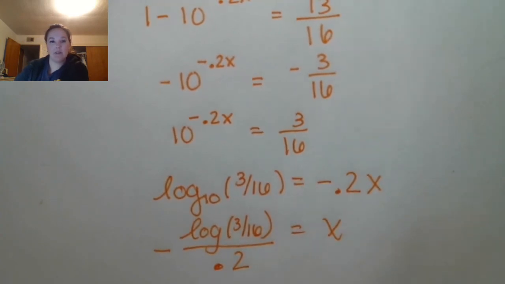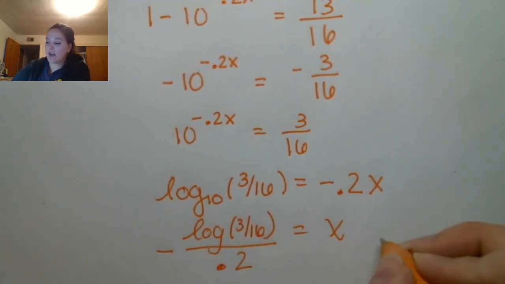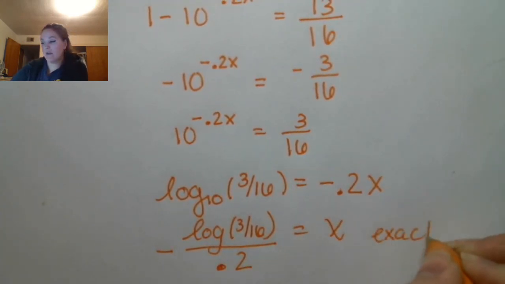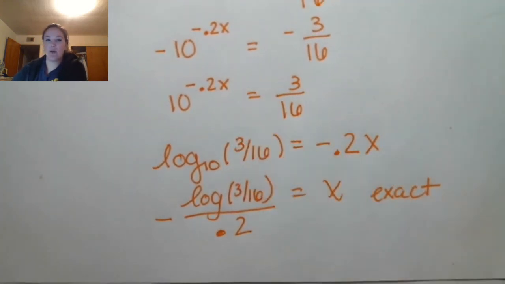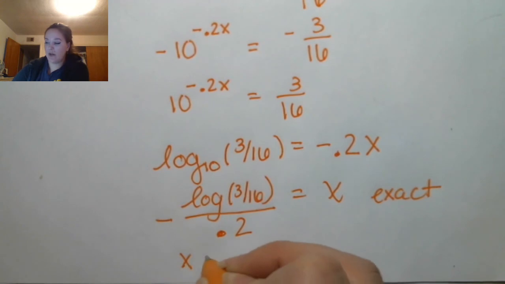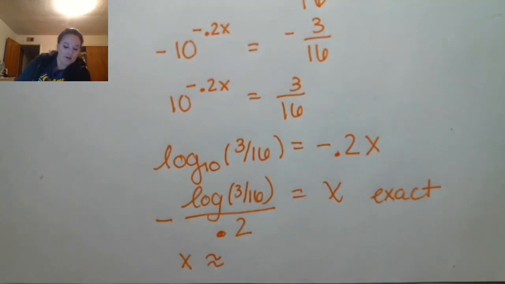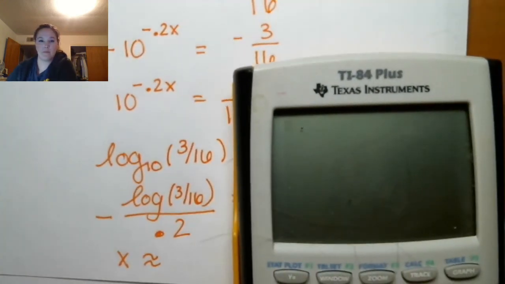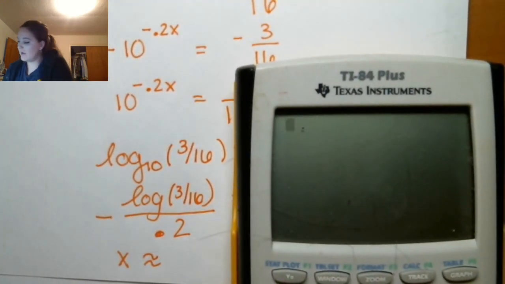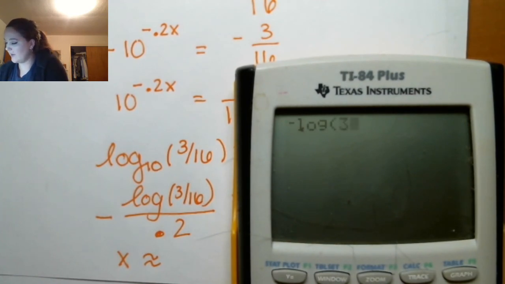All right. So this is my exact answer. And if I want my approximate answer, then I'm going to go ahead and plug this into a calculator. So I would have negative log of 3 divided by 16, divided by 0.2.